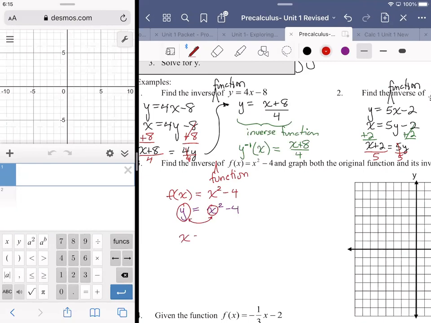So x is equal to y squared minus 4. Then we're going to solve for y. We'll do that by adding a 4 to both sides. So we have x plus 4 is equal to y squared.